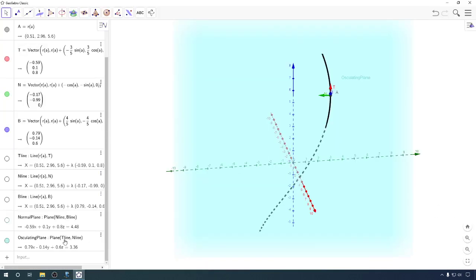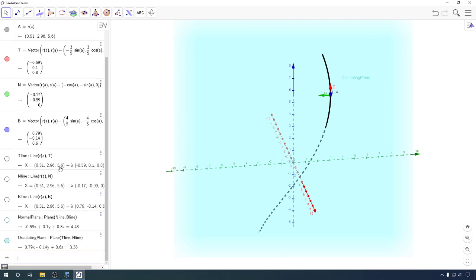Specifically, if we take the point that we are going to go out from our R of A, following the direction of N, by a distance of 25 over 3. So I'm going to define a new point. I'm going to call it, can I call it O? No. O, they want O to be the origin.